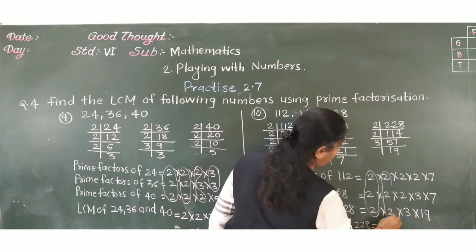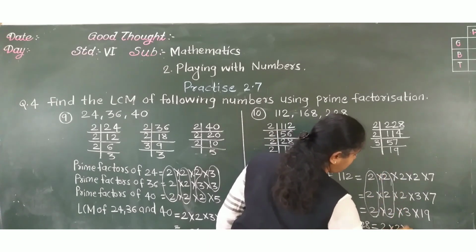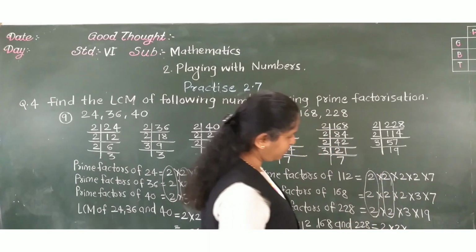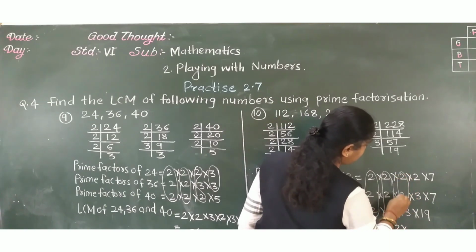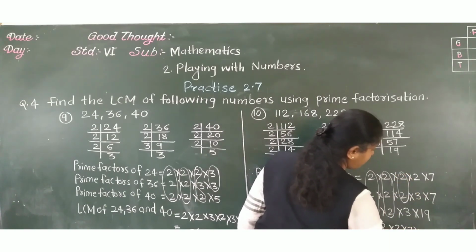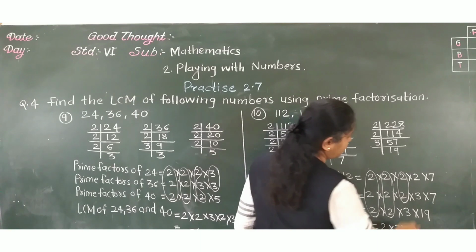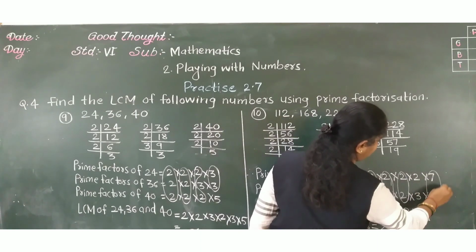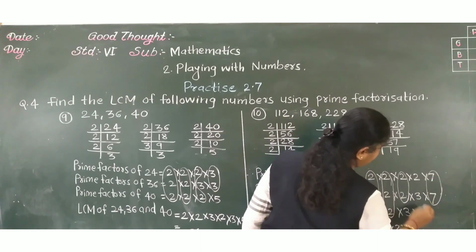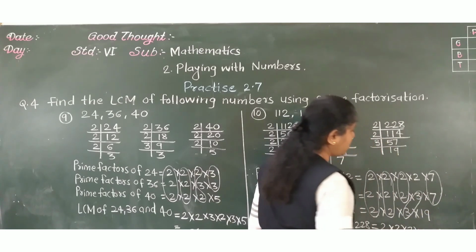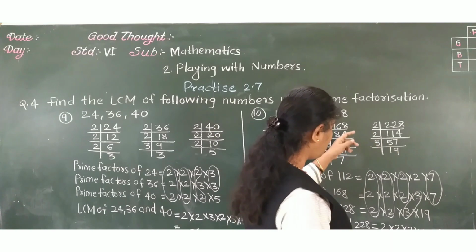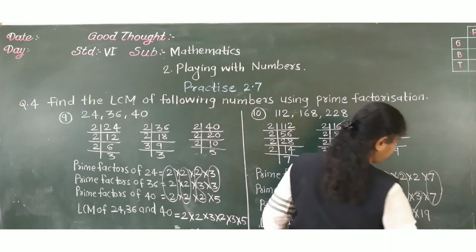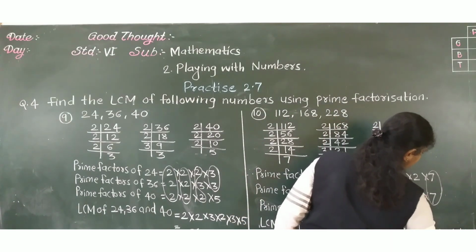Again you see common, so we write it one time only. Then 2 is common in both, so that also write one time only. Then this 7 is common, into. This 3 is common, 3 into. Now what is uncommon? This 2 and 19. 2 into 19.